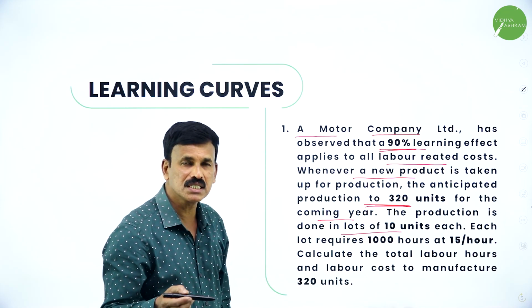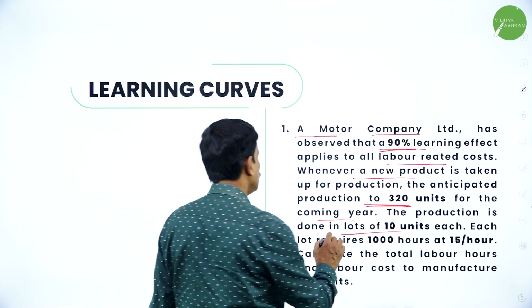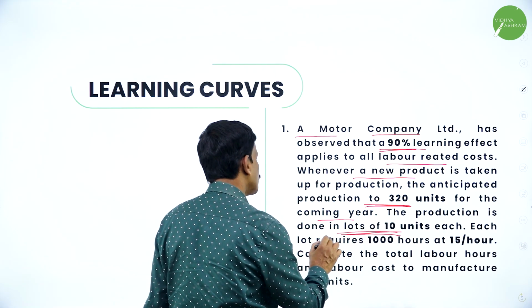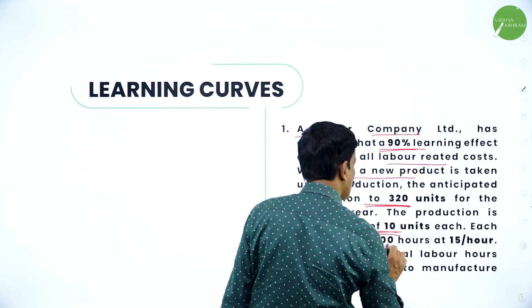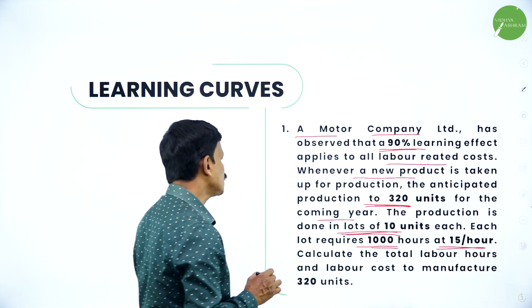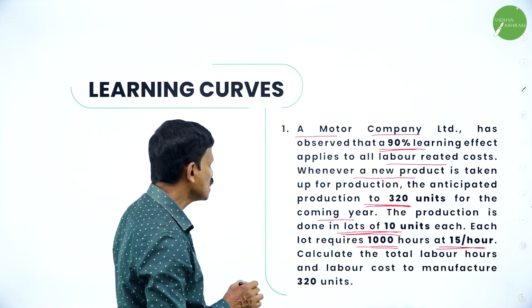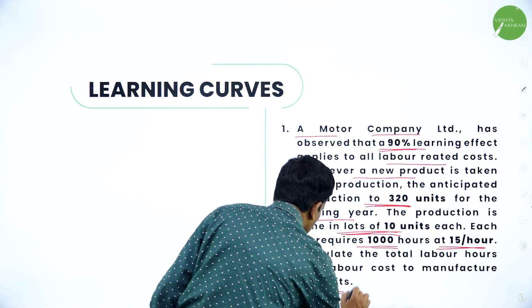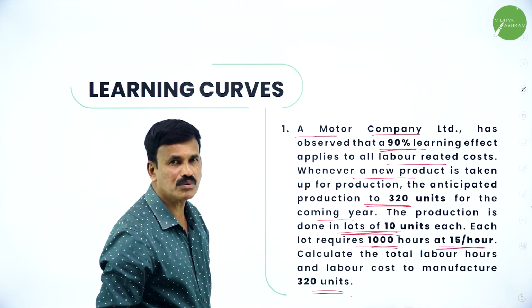The production is done in lots of 10 units. Each lot requires 1000 hours at 15 per hour. Calculate the total labor hours and the labor cost to manufacture 320 units. This is the problem given.